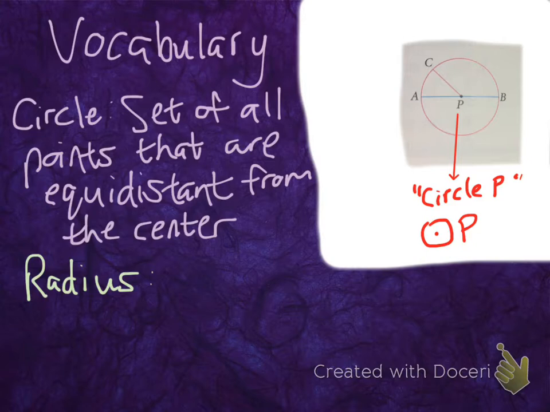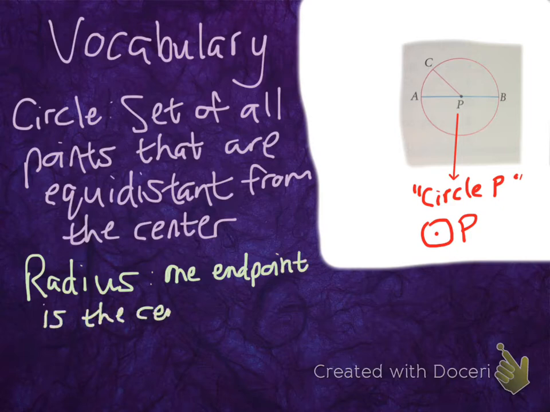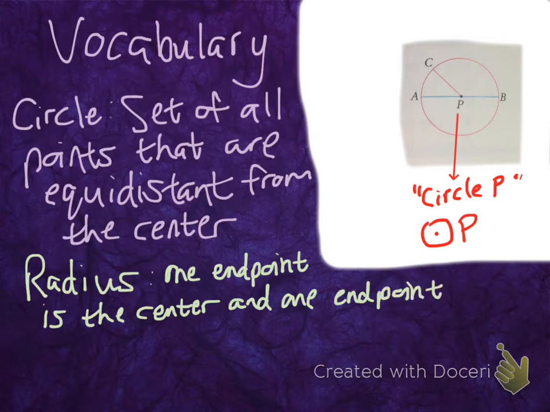So in this case, we have a radius, which is from the center, so one endpoint is at the center, and one endpoint is on the circle.